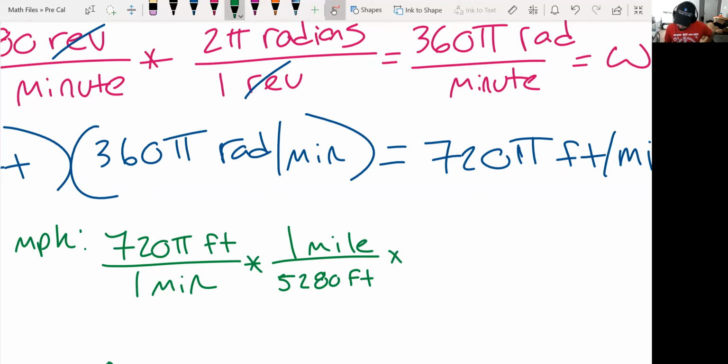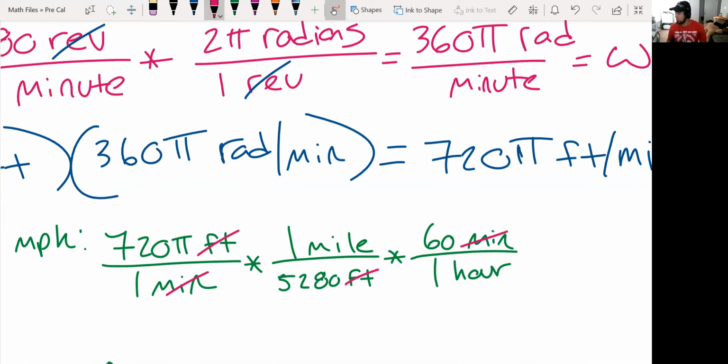Now, we need to convert from minutes to hours. Well, we know that there are 60 minutes in 1 hour. We have our conversion table set up, and feet will cancel, minutes will cancel. All we have to do is multiply straight ahead.